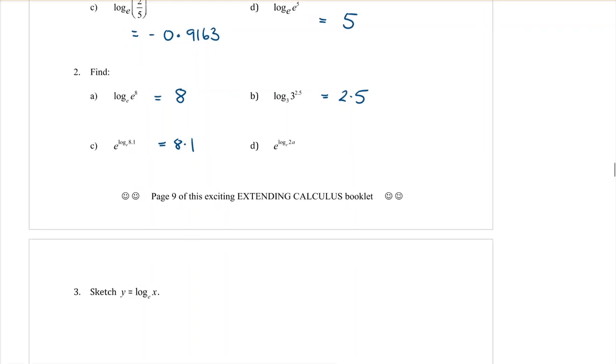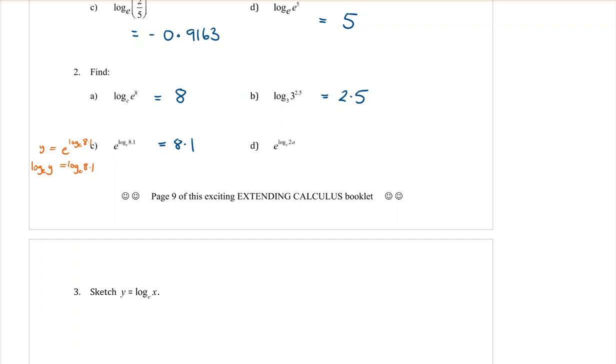Let's just practice with the sliding base to show why that works. So if I wanted to show that, I'm going to call it y equals e to the power of log base e of 8.1. And doing a sliding base, I would keep the base e, so it's log base e of y equals log base e of 8.1.